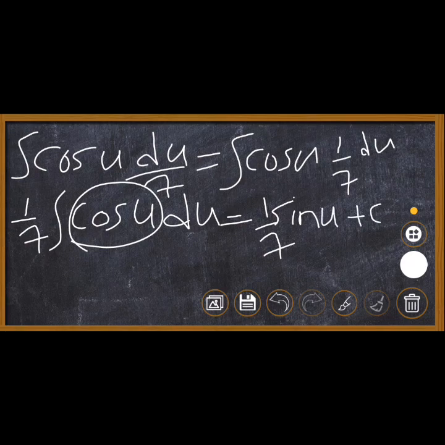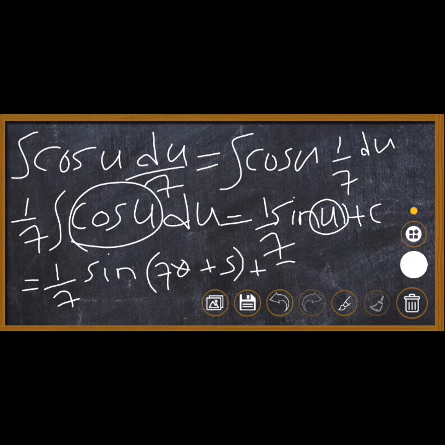Now remember, where there is u, we had said let u equal to what? 7 theta plus 5. So we are going to replace with that. So in this case then, we are going to have 1 over 7 sine of, where there is u, we are going to write 7 theta plus 5. Okay, and then here we add the constant c.